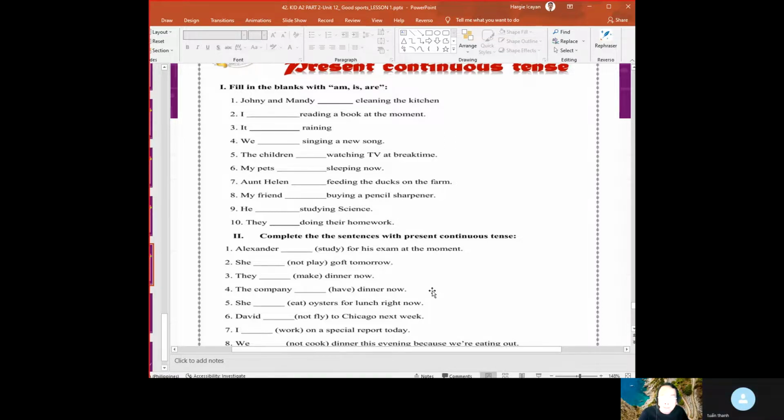So are making. Number 1 is studying, right? Number 2 isn't playing. Number 3 are making. Can you type it? Okay, I have to wait for your answer. Okay, are making.